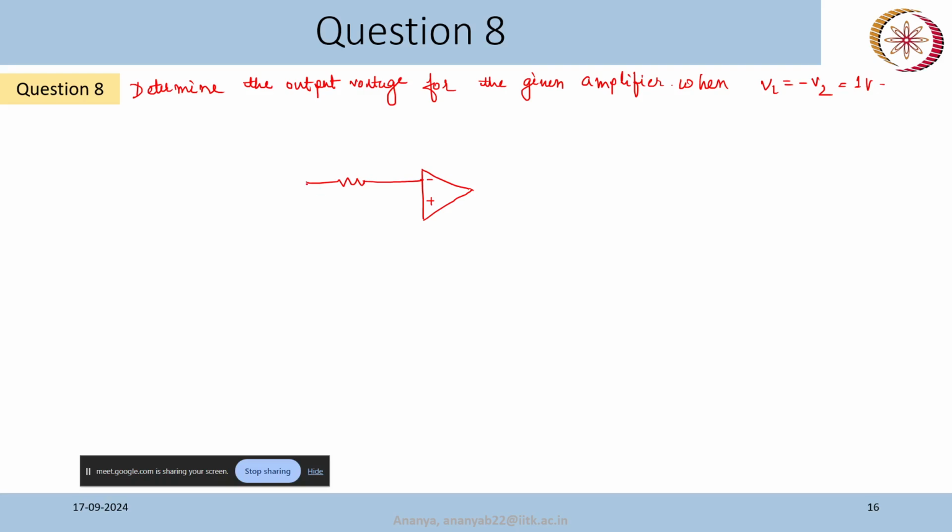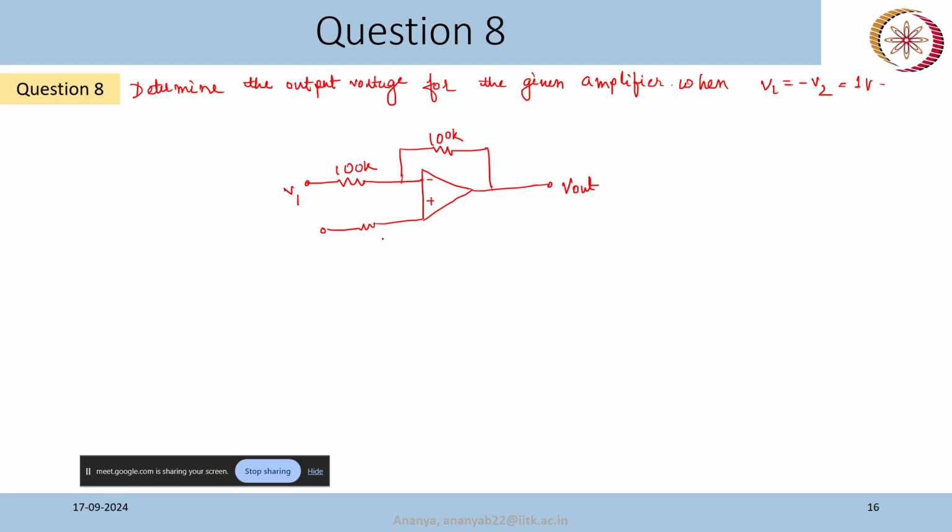This is the inverting terminal. V1 is applied here. So this is 100K, and the feedback resistor is 100K. So we apply the feedback to the inverting terminal, the negative terminal, to make our circuit stable.